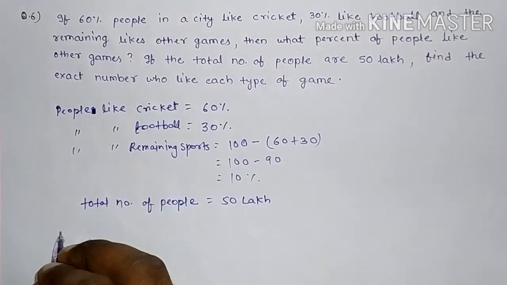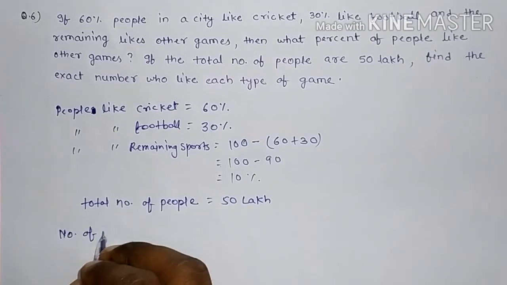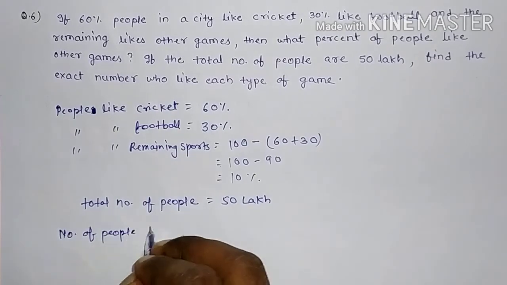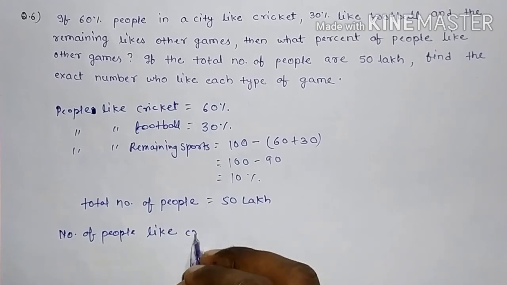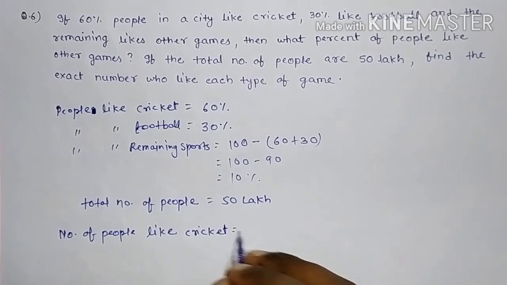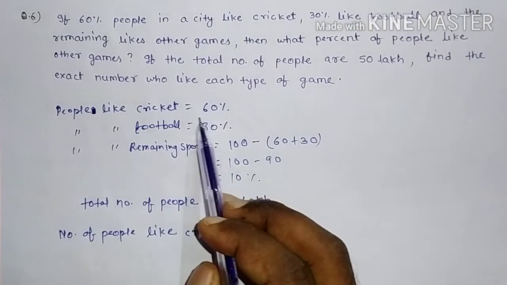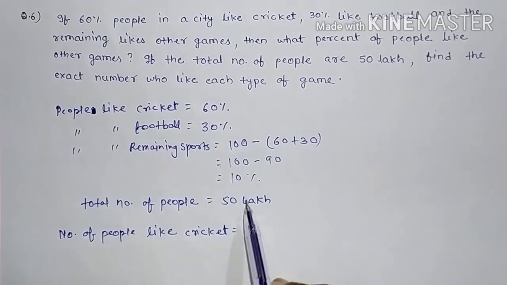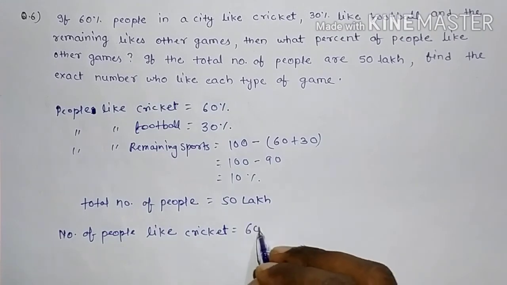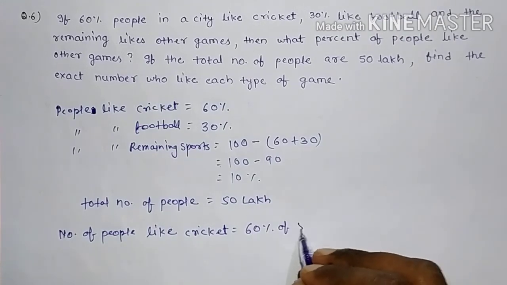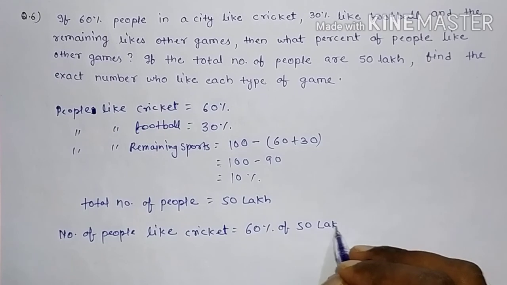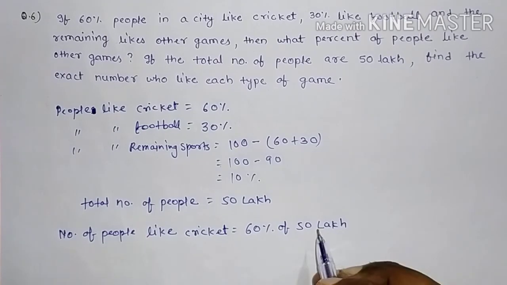So number of people who like cricket, 60% people like cricket. So 60% of total number of people, that is 50 lakh. So this is 60% of 50 lakh. Just simplify it.